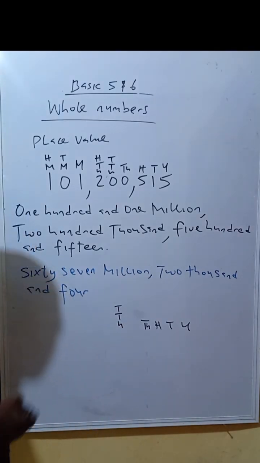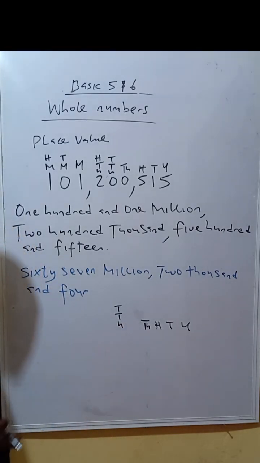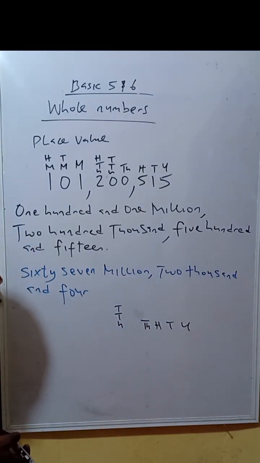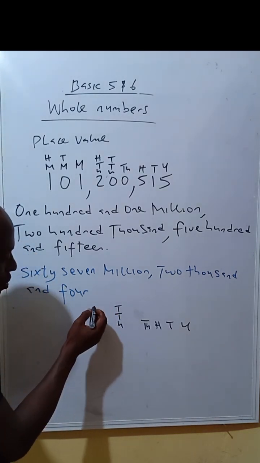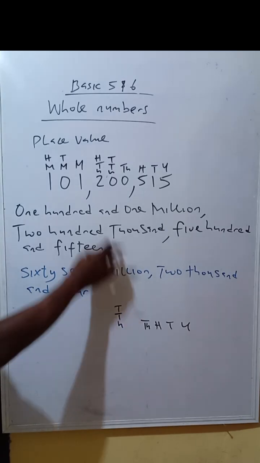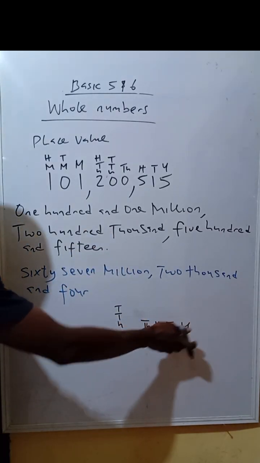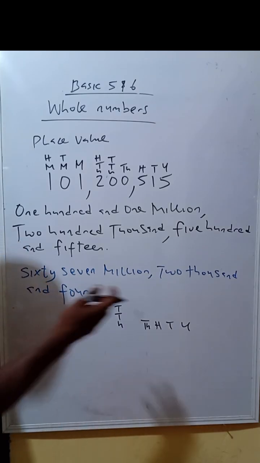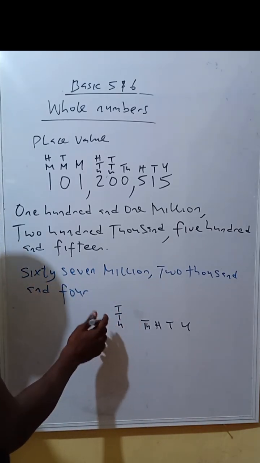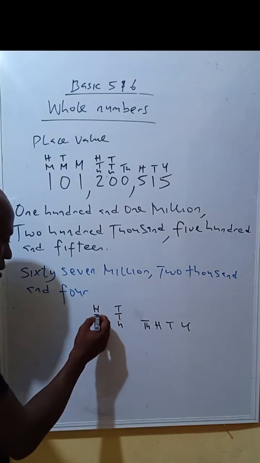You have 100,000. I'm just doing this way because of space and because we know what we are doing. Please take notes. So after 10,000, 100,000.